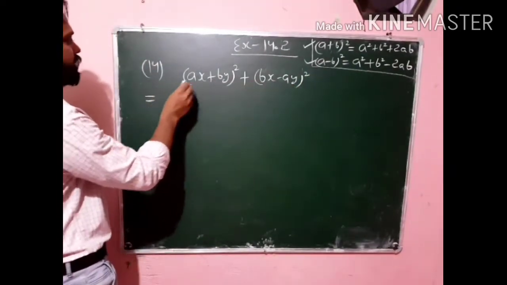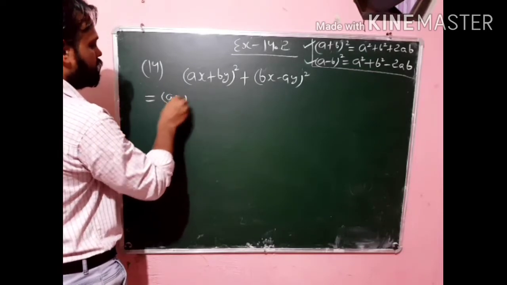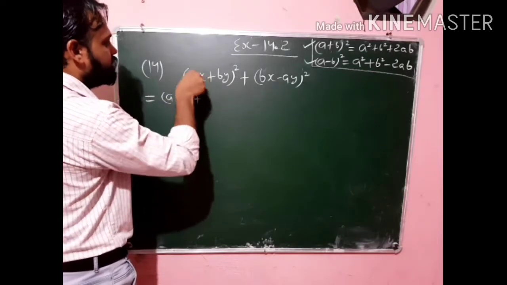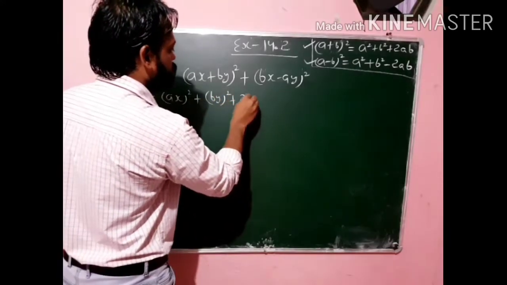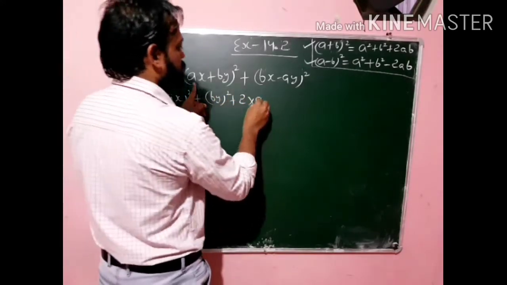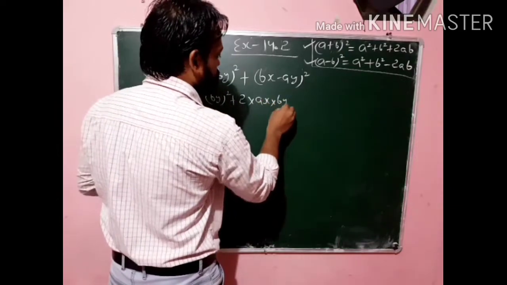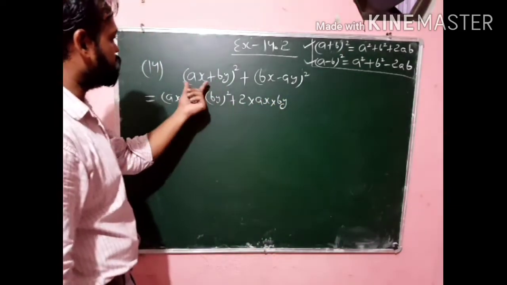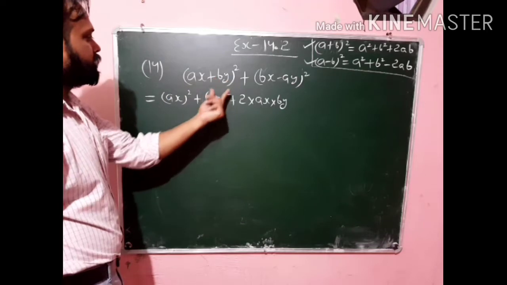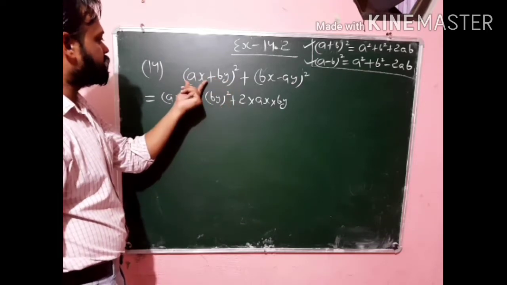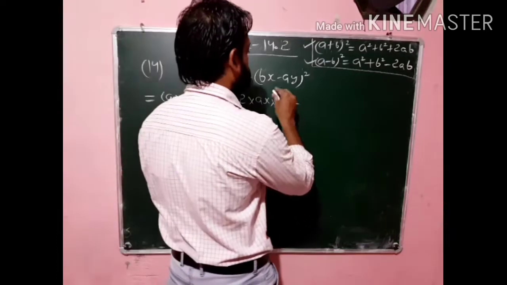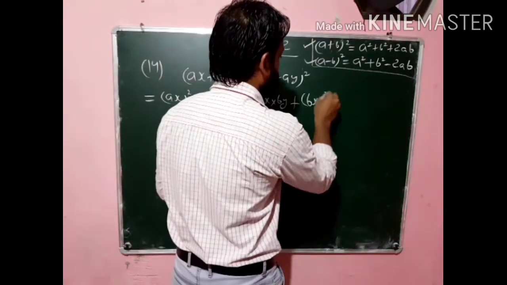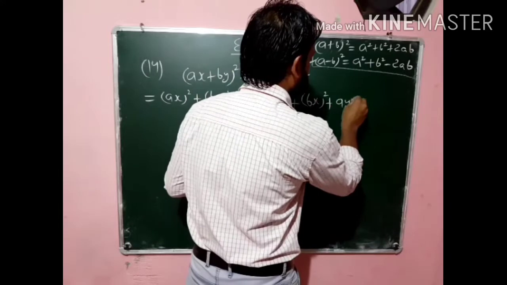Okay, now you can see, it will become a square, because the whole term is now a, and then of course b square, then plus 2 multiplied by a multiplied by b. I hope this is clear to you. So this is a square plus b square plus 2 multiplied by a and then b, and in this case you can see a square then plus b square.